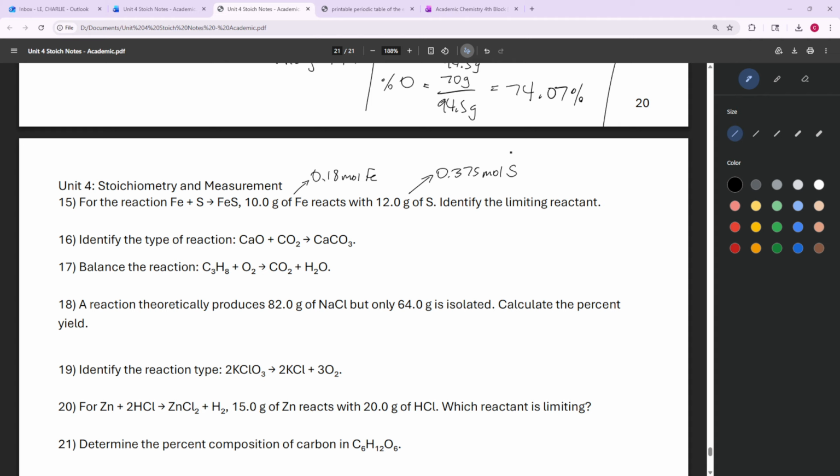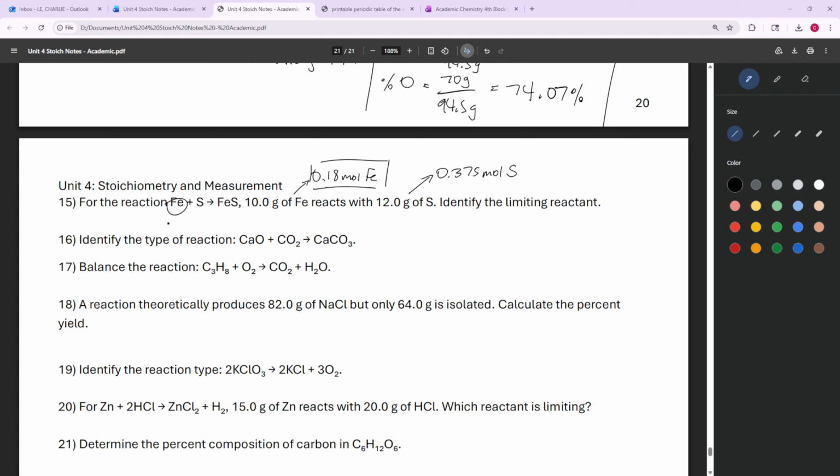Since it's a 1-to-1 ratio, that means iron is going to limit the reaction because you need 1 mole of iron for every 1 mole of sulfur. That means for every 0.18 moles of iron, you need 0.18 moles of sulfur. You have plenty, but you don't have enough iron to react with all of the sulfur. So in this case, the limiting reactant is iron.